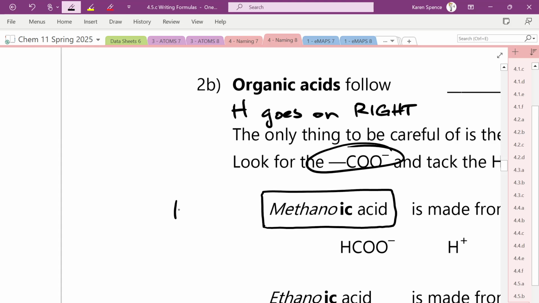So we have HCOO- is methanoate, and we need to put it with H+. Now we look at this and we say, I have the COO, and that means the hydrogen goes on the end. So we're going to have HCOOH.